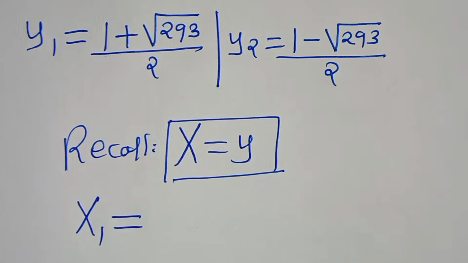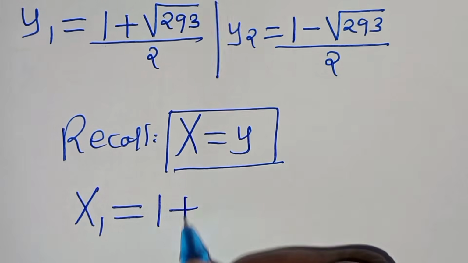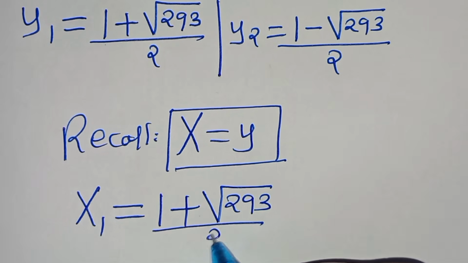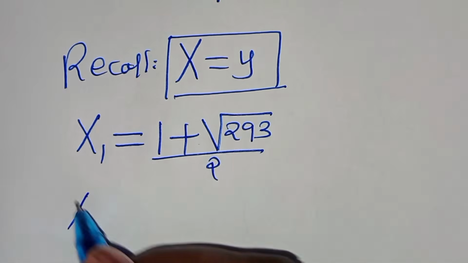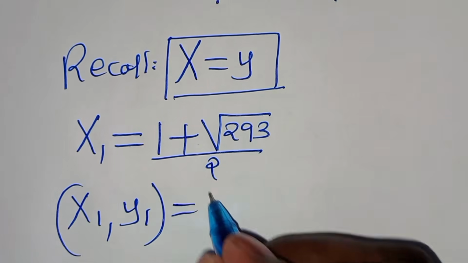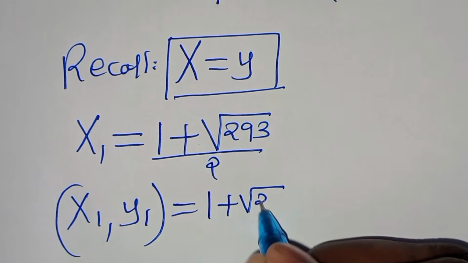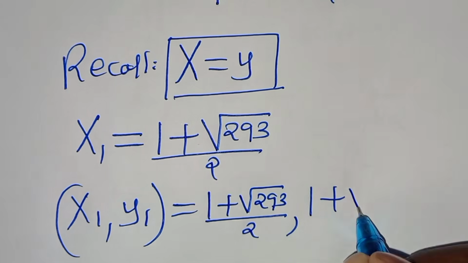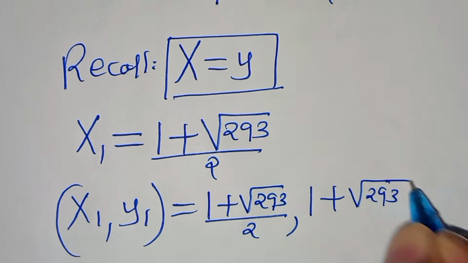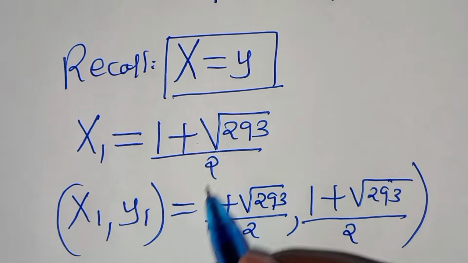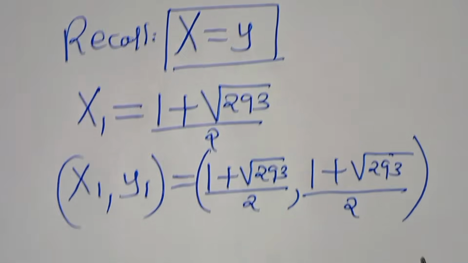So x1 is equal to 1 plus square root of 293 divided by 2. So the first set of solution, that is x1 comma y1, this is equal to 1 plus square root of 293 divided by 2 comma 1 plus square root of 293, everything here divided by 2. So this is the first set of solution that we have.